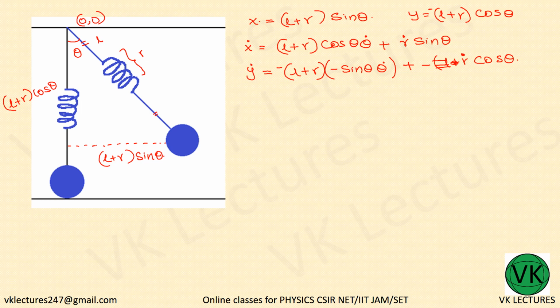The minus sign gets cancelled, so (L plus R) sin theta theta dot minus R dot cos theta.